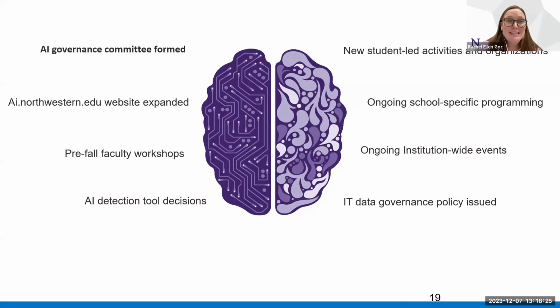Along the way, decisions that had to be made, especially on my team, regarding AI detection tool usage, and larger at IT about what would be the data governance policy that the institution should follow around generative AI. So a huge host of activities, conversations, and policy decisions made at our institution.